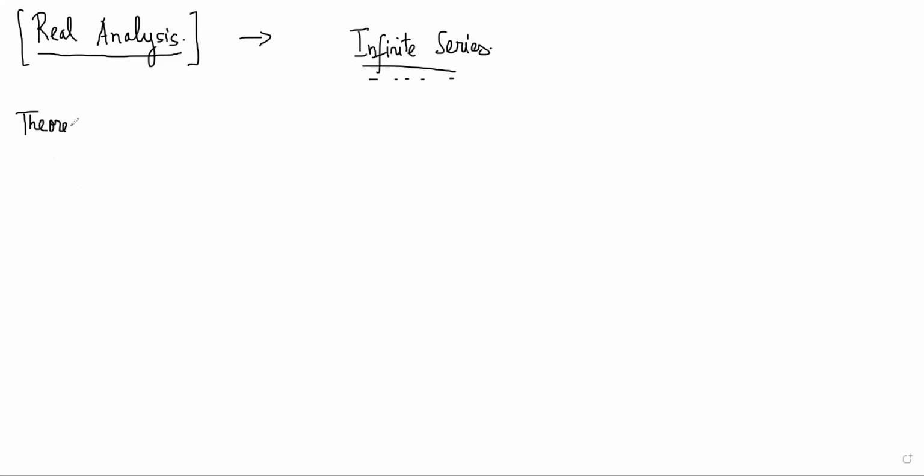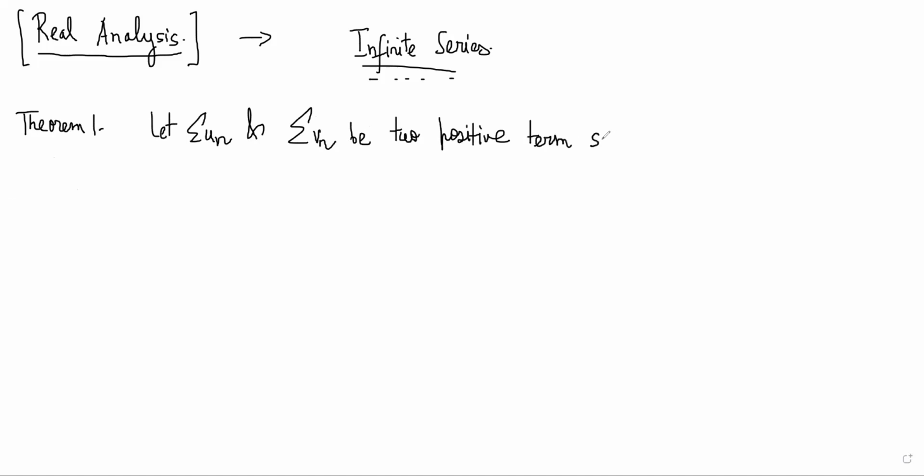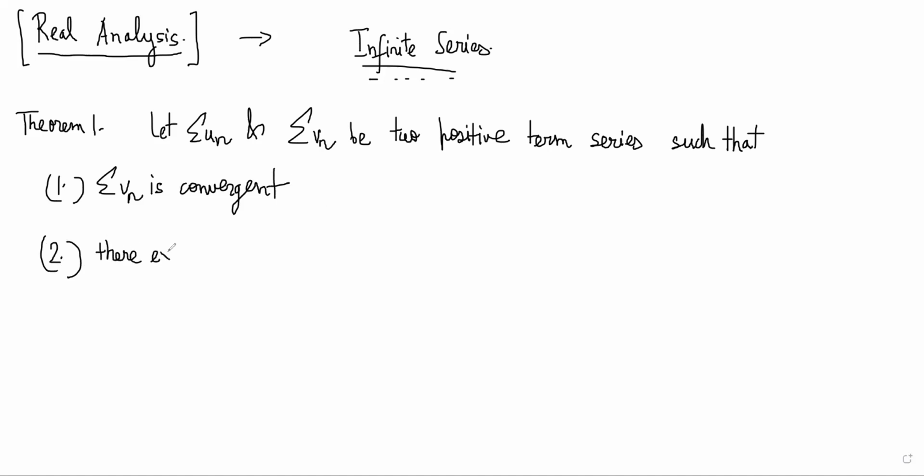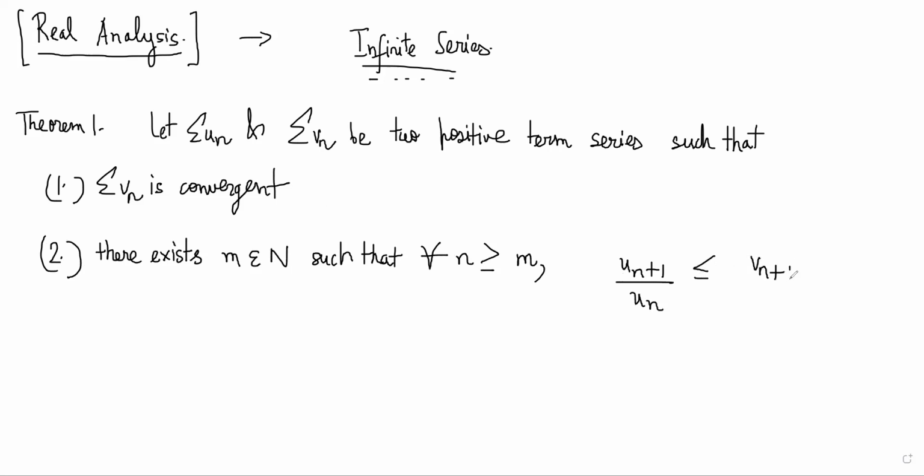So the first one is this. It says let summation un and summation vn be two positive term series such that one, summation vn is convergent, and two, there exists m belonging to natural numbers such that for all n greater than or equal to m, we have un plus 1 by un is less than or equal to vn plus 1 by vn.